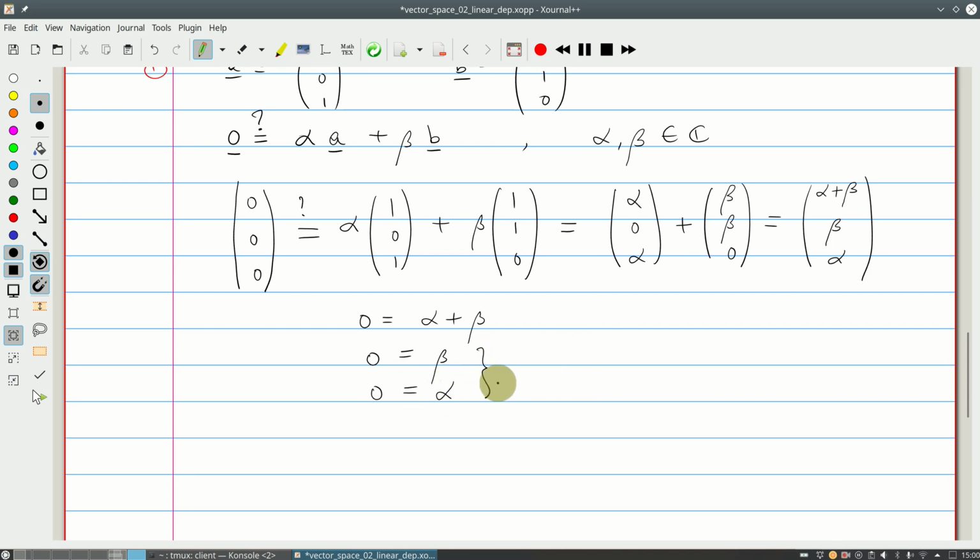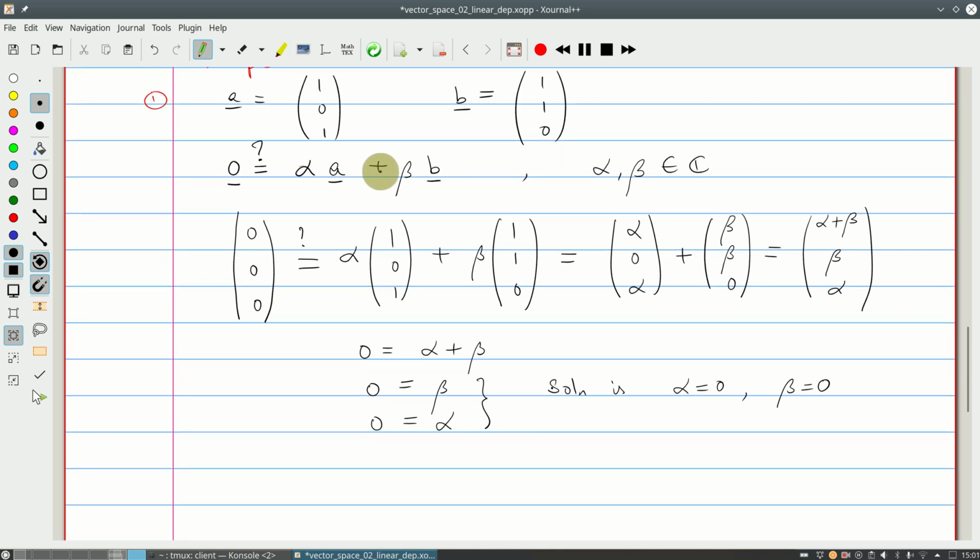Well, what these mean is that the solution is alpha equals 0 and beta equals 0. And therefore, the only way we can have an identity here, that the 0 vector is equal to alpha A plus beta B, is if alpha and beta are both 0.